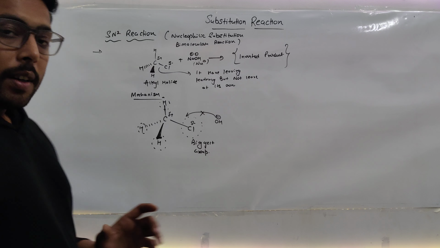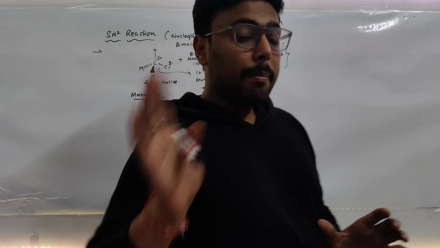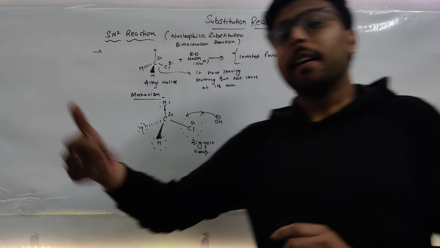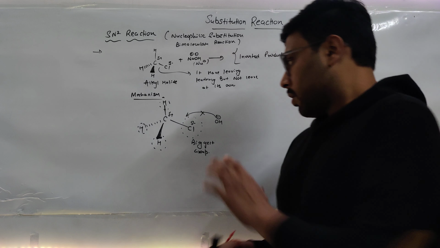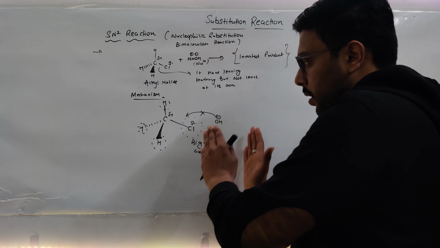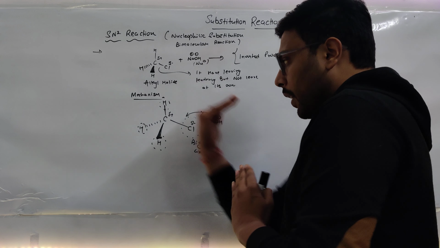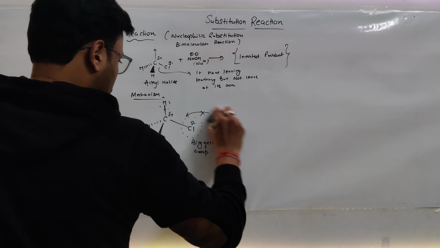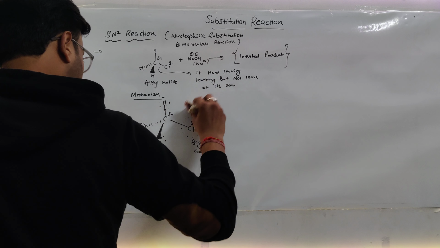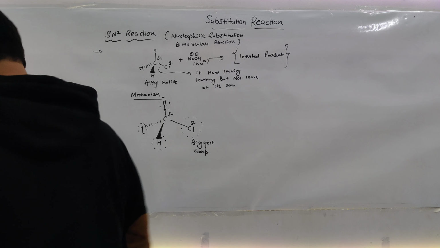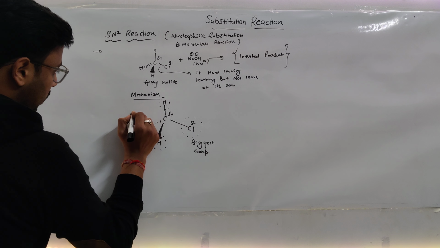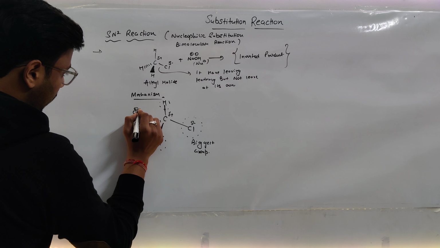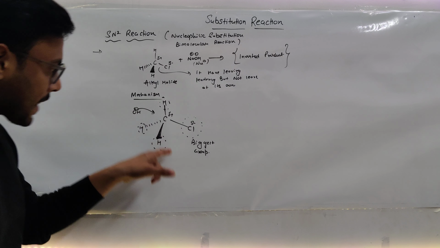Then the OH will approach from the backward side, that is, at a 180-degree angle to the leaving group. So OH minus approaches from the back side.